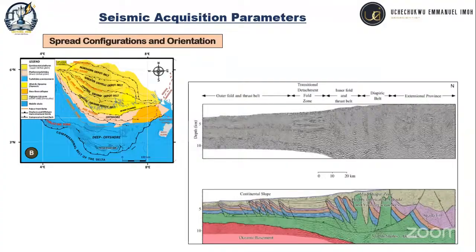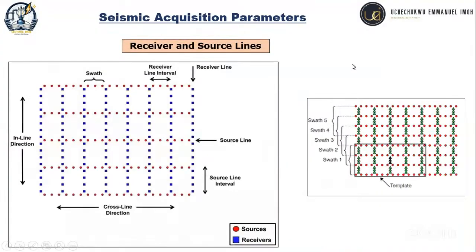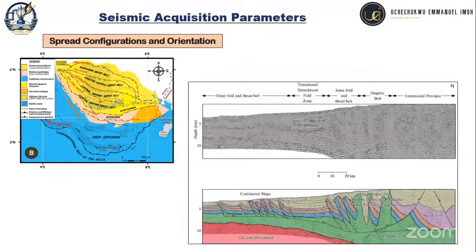Then I tried to explain also the concept of the spread configuration and orientation, where I told you that your receiver lines have to go perpendicular to your strike line, especially if you want to image your fault. So you have to cut across your structure, across the strike line.